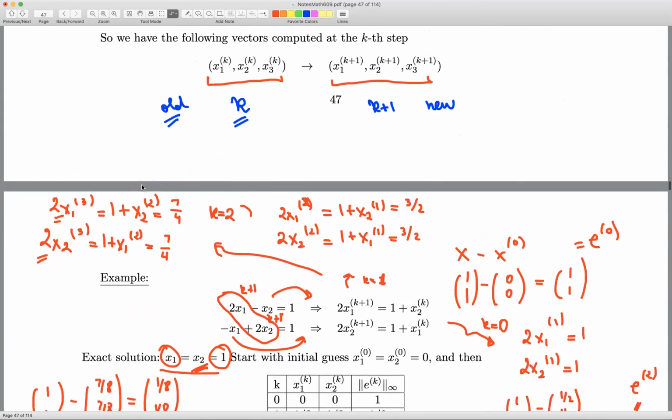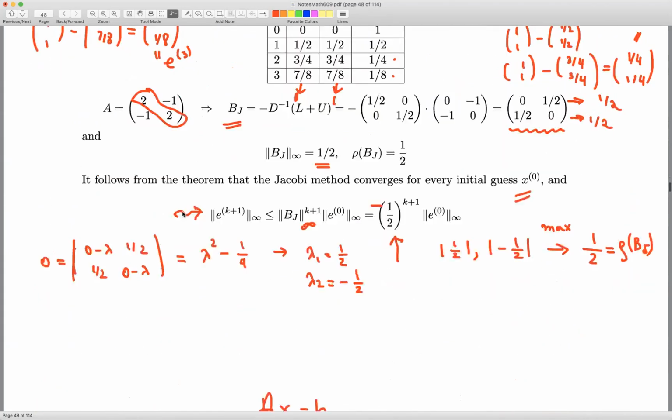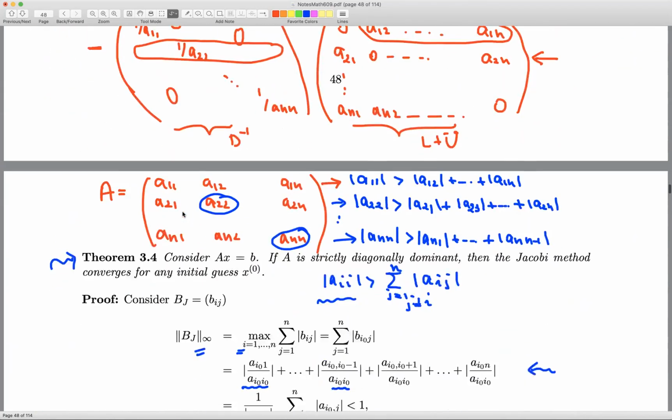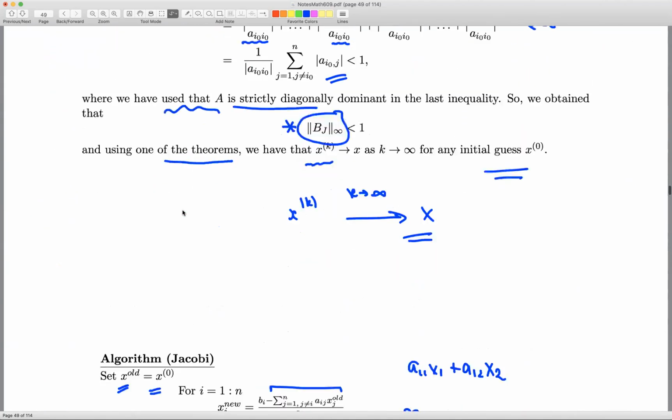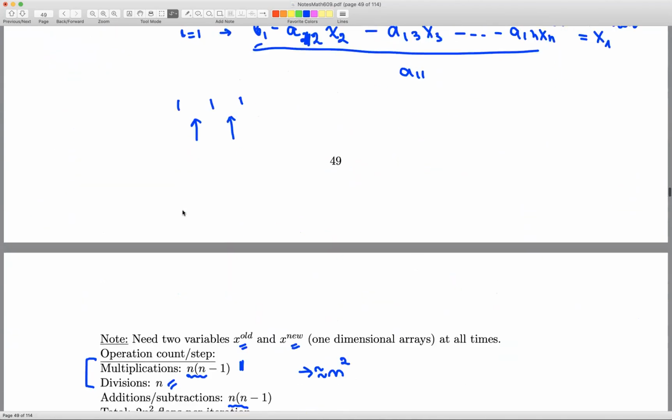Now, if we go and write down what the iteration matrix for this method is.